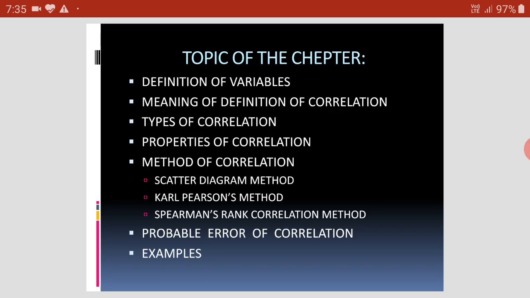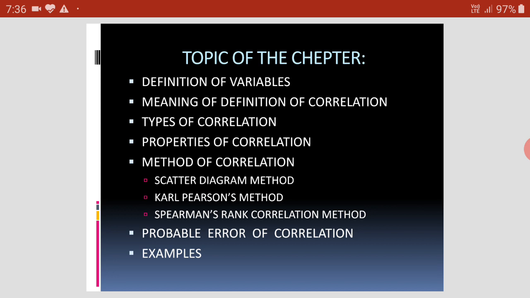For example, suppose x increases 5% and y also increases 5%, it is called correlation. Suppose x decreases 5% and similarly y also decreases 5%, it is called correlation. It means correlation is the relation between x and y when there is a change in x and similarly a change in y.